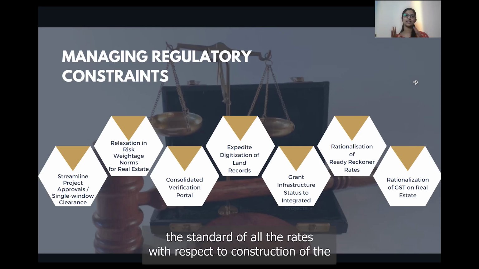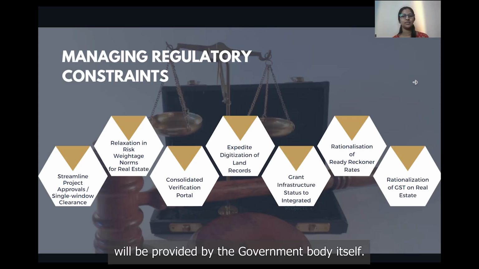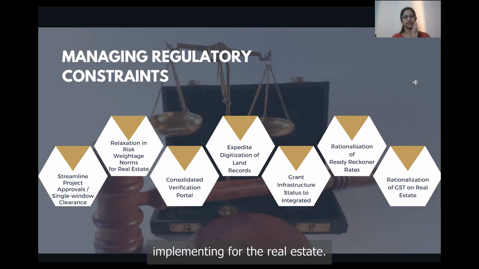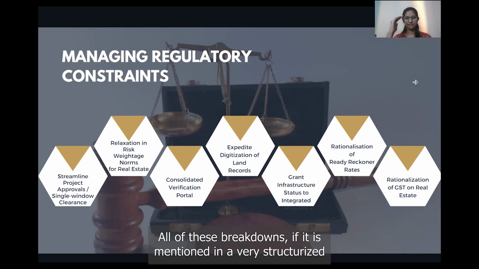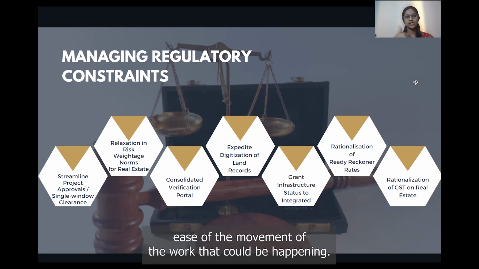So that is where the standard rates with respect to construction materials and the construction of projects will be provided by the government bodies. If the rates and the GST, how exactly they apply to real estate, and all of these breakdowns are mentioned in a structured form, there will be a lot of clarity and ease of movement of the work.